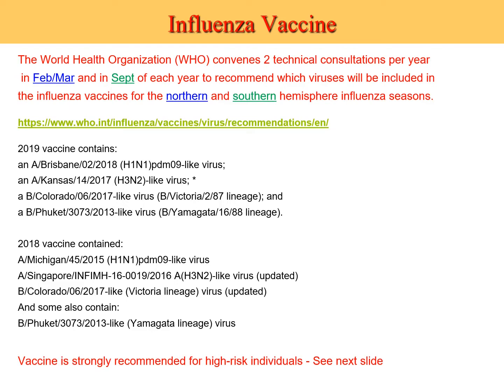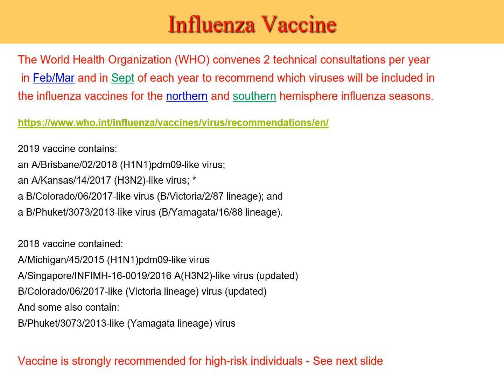And in September, they meet and determine which strains should be included in the vaccine being developed for the Southern Hemisphere. And that's developed over the next 6 to 8 months and starts to be delivered into people in the Southern Hemisphere in what is our spring and early summer, but their fall and early winter.